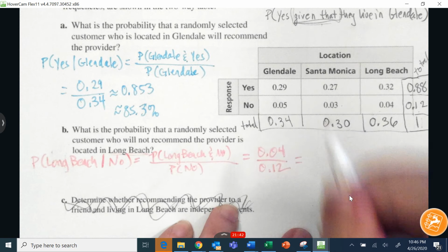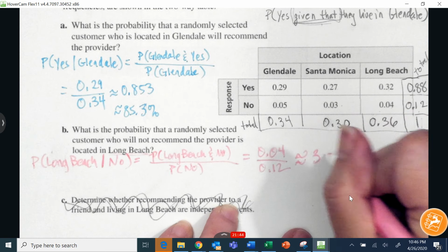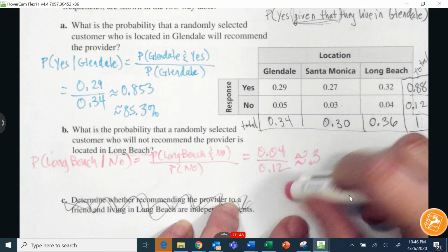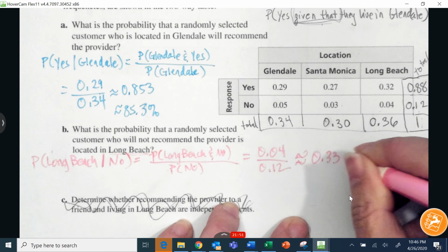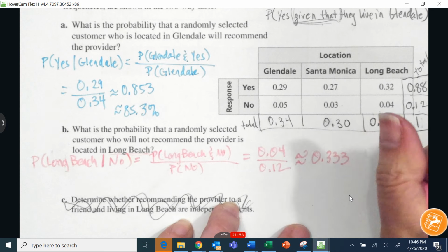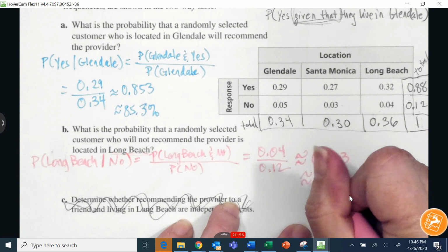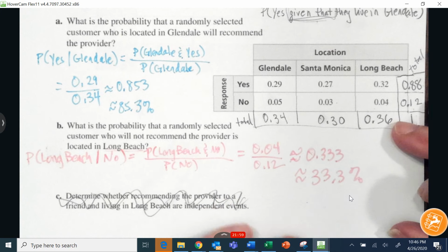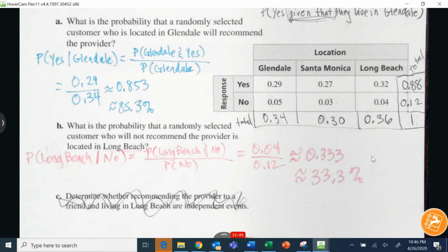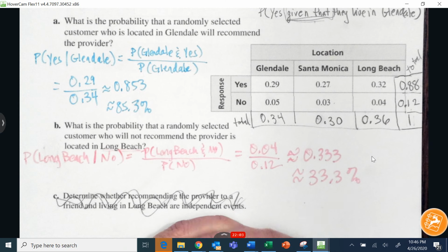Okay, you divide that and you get approximately 0.333, and if we take that into a percent, it would be approximately 33.3%. That would be the probability that if the person says no, they are located in Long Beach.